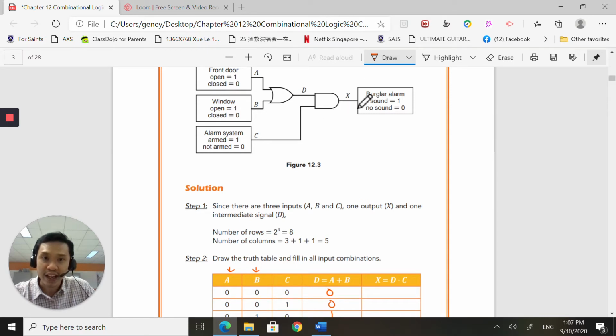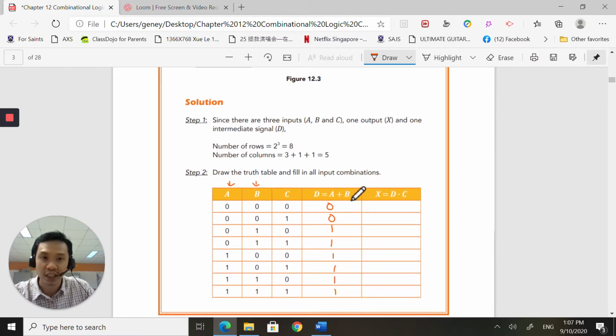Because X is D and C. All right, so I'm looking at X equals D and C. It's a good idea to come up with a separate column for the intermediate signals and write down what the intermediate signal is.